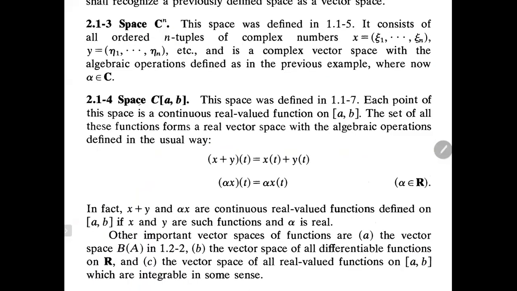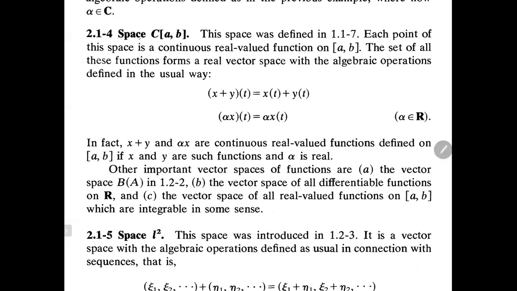So then space of continuous functions defined on the interval AB. So you can add two functions. So x plus y, sum of two functions, is a function. And what is the definition of the function? Sum of the function x plus y.